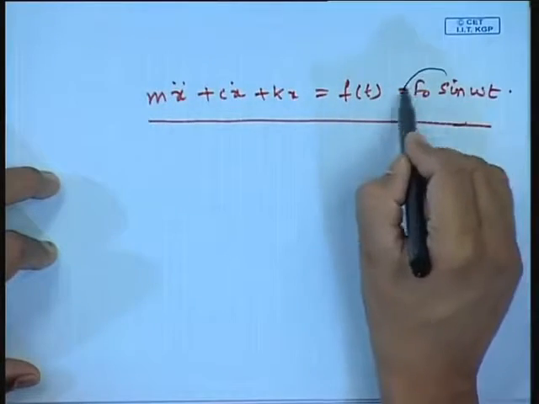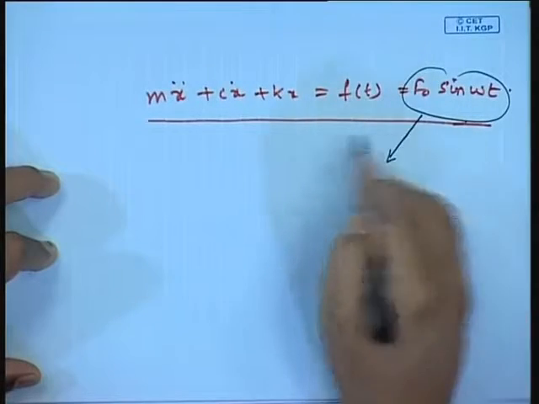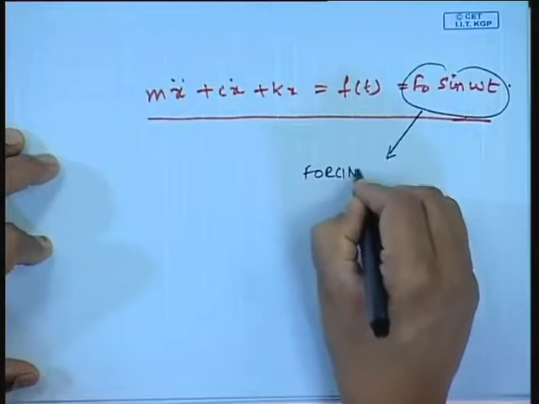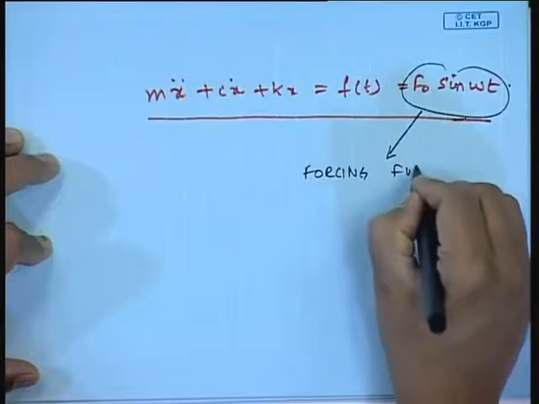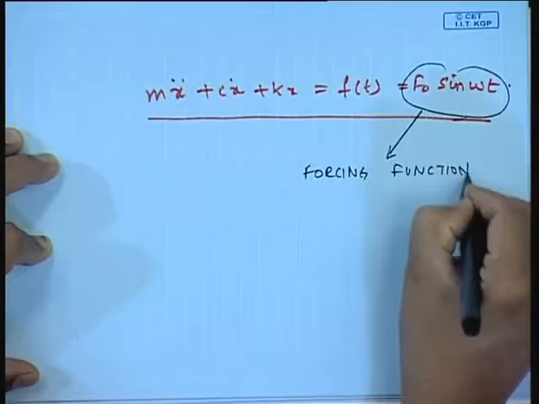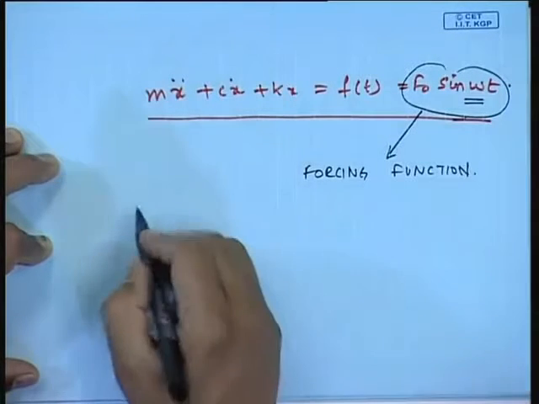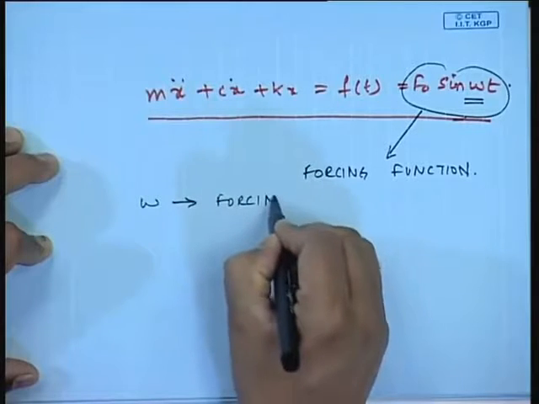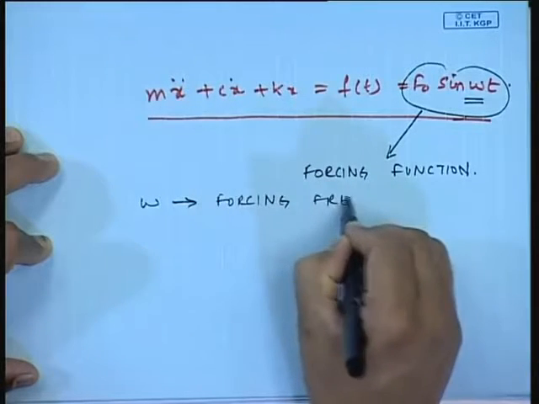The right hand side is what is known as the forcing function, and you will notice this omega here is nothing but the forcing frequency.